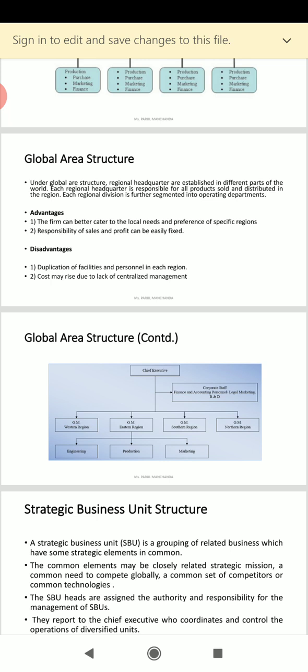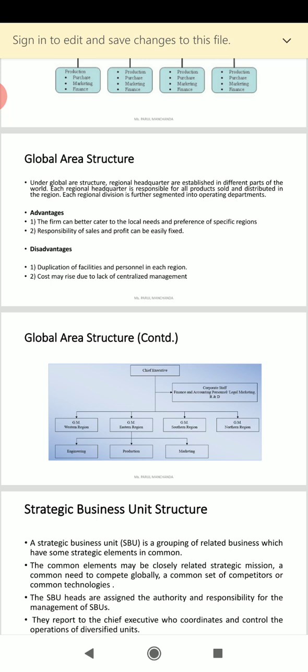Now if I talk about the advantages and the disadvantages of this particular organization structure, firstly we will talk about the advantages. Because you have specific people who are going to cater to a specific region, they will be more able to concentrate on the requirements of the local needs of those people, right?